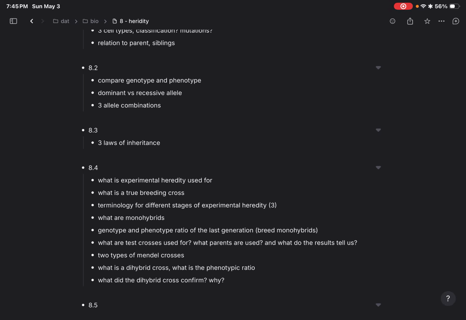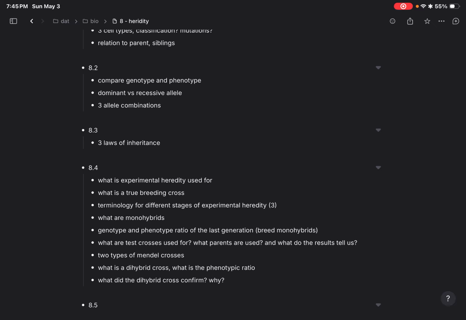So 3 allele combinations. So you got homozygous, which is the same allele. So homozygous recessive, homozygous dominant. You got heterozygous, which is 1 dominant, 1 recessive. And then you got, I literally just looked at this, hemizygous.